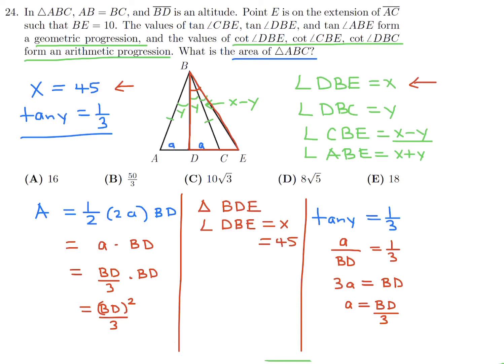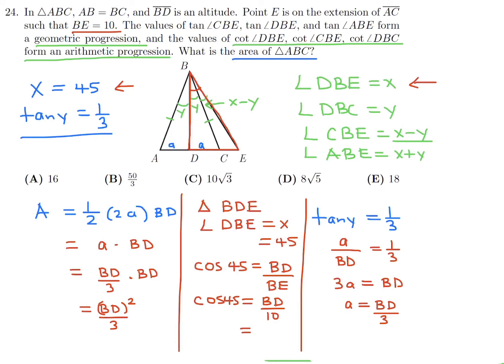So we can use trigonometry once again, and this time I'm going to use cos. The cos of 45 is equal to adjacent, which is our BD, over our hypotenuse, which is BE. And at this point, you probably forgot that they even gave you this. They tell you that BE is 10. So BD over 10 is equal to cos of 45.